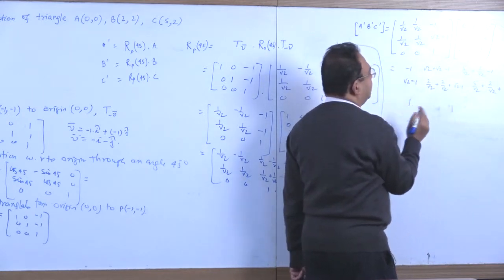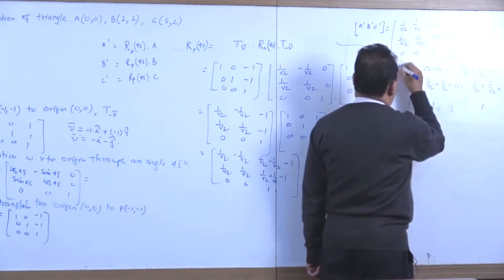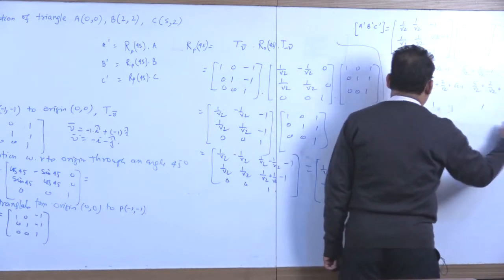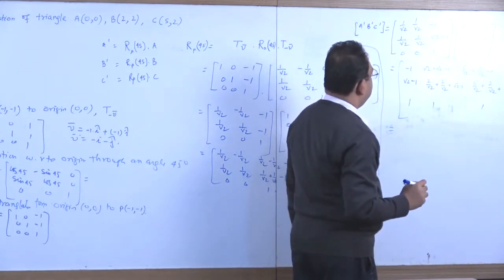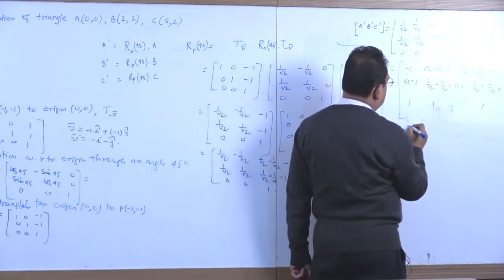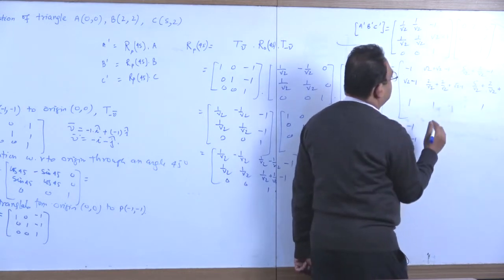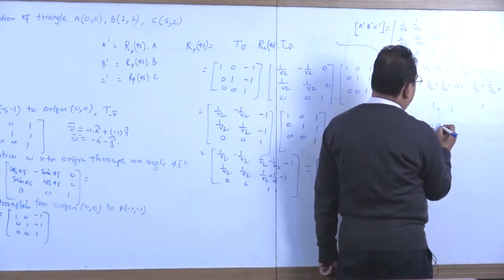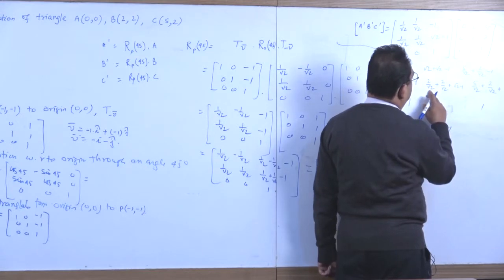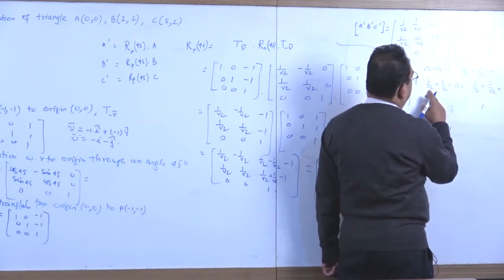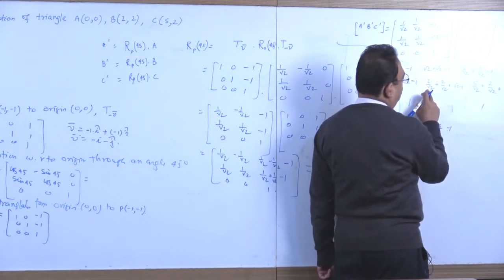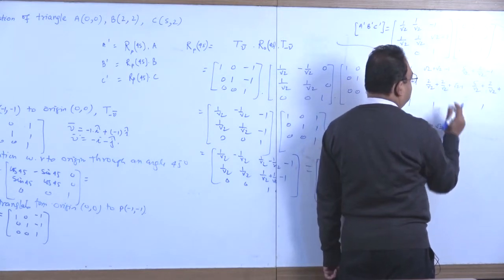I am writing the final result 1 1. So, after simplification, this becomes minus 1, root 2 minus 1, 1. Then this is 2 root 2 minus 1.